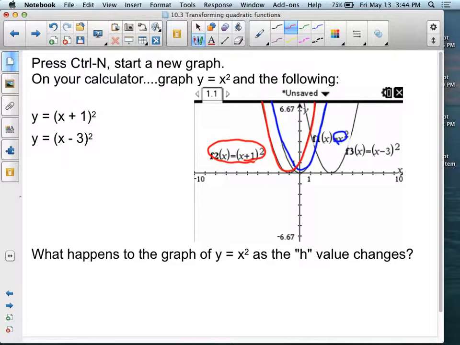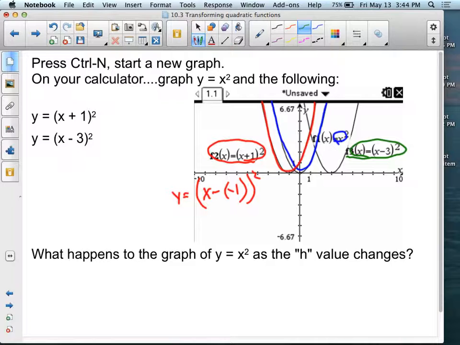What you might remember from earlier was that we can really write this as x minus negative 1, squared. Because we could write it that way, it's x subtract the x value of the vertex. So that's why our vertex moves to the left 1.